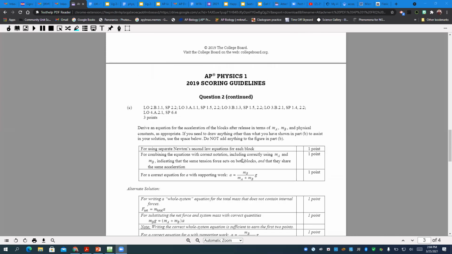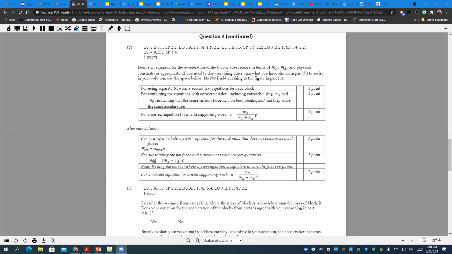So it wants you to put that FG in terms of the mass of B times G, FG equals M times G, and then MA plus MB, both of these contribute to the mass of the system, so they need to be incorporated. And if you just wrote a whole system equation like MBG equals MA plus MB times A, you would have gotten this point too.